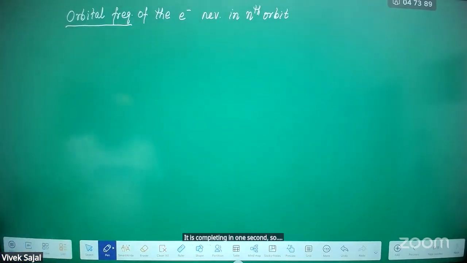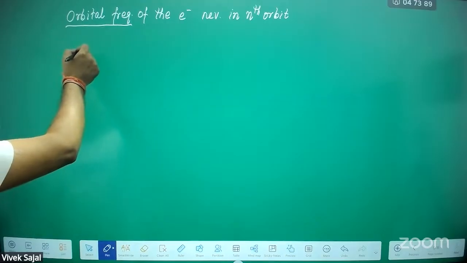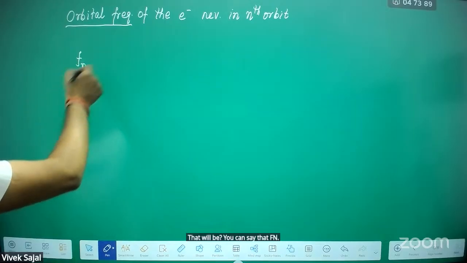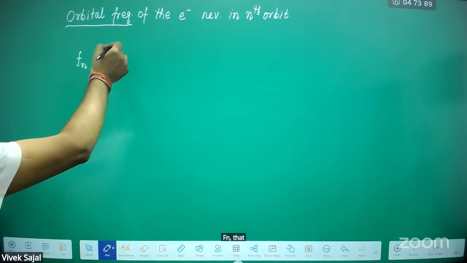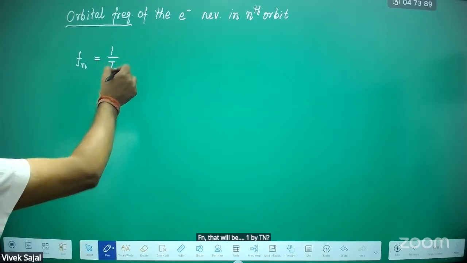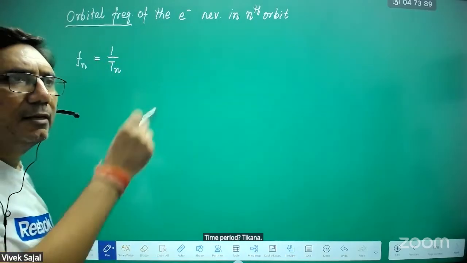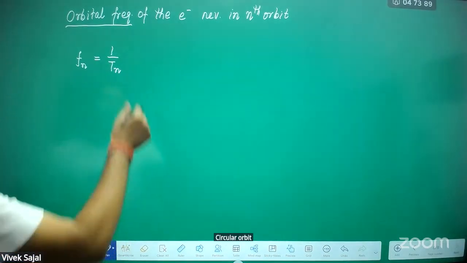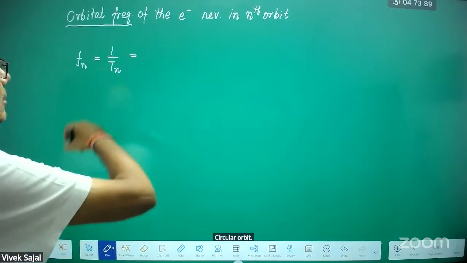So what will it be? कितना होगा बेटा? That will be, you can say, Fn, that will be 1 by Tn, the time period. ठीक है ना? Time taken by the electron in completing one circular orbit, in one complete revolution.